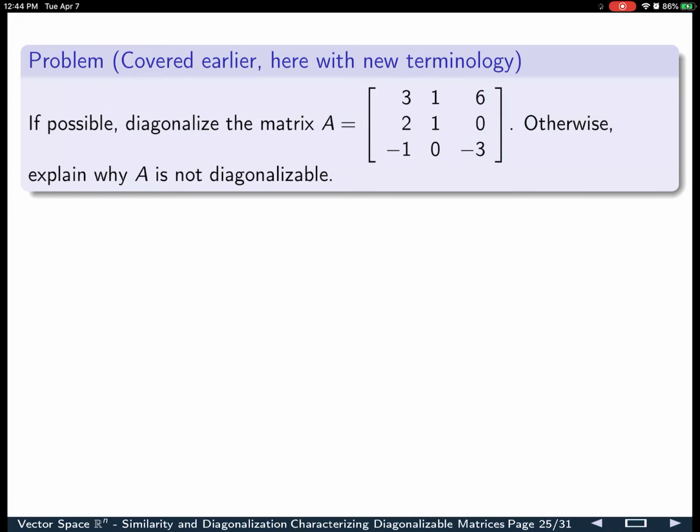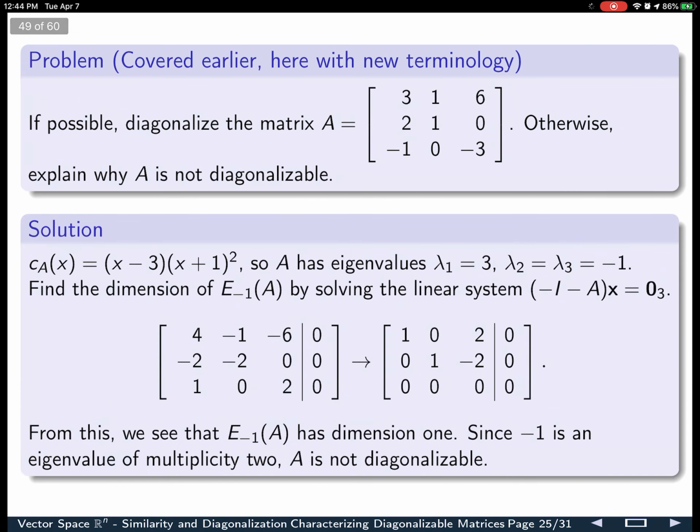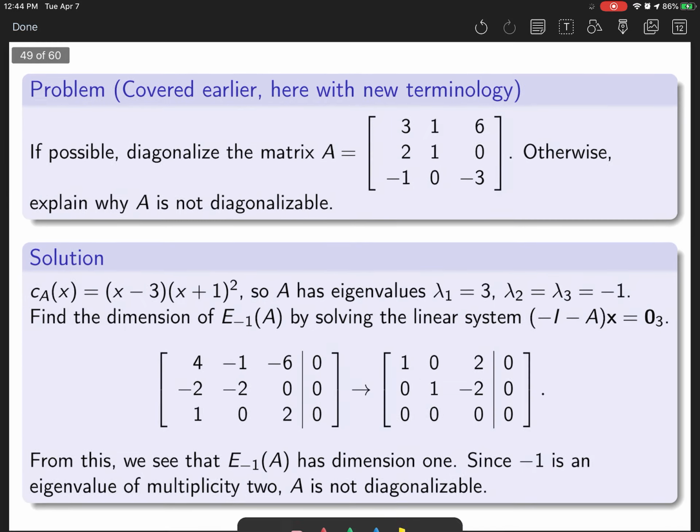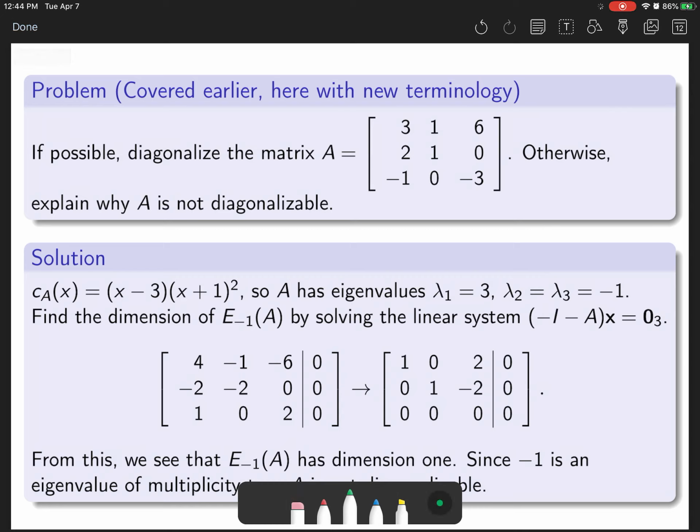And here we go. We have another 3 by 3 matrix. This one won't be diagonalizable. When we calculate the characteristic polynomial, we get an eigenvalue of 3 and another repeated eigenvalue of -1. So here's lambda equals 3.